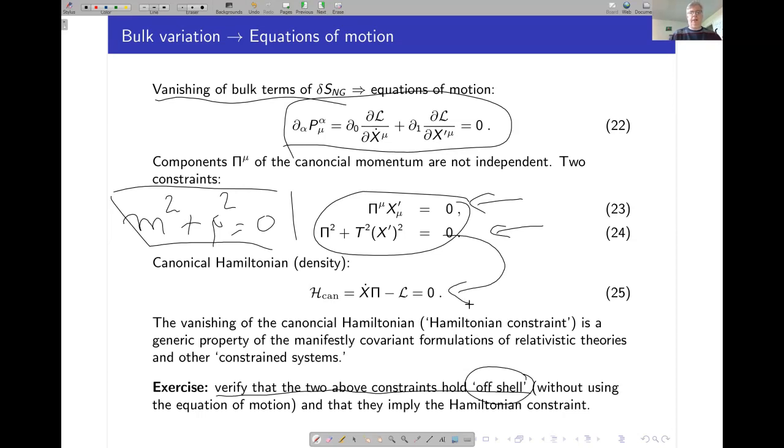In particular, if you compute the canonical Hamiltonian by making a Legendre transform of the Lagrangian, you find that the canonical Hamiltonian is equal to 0. This was the same observation that we made for the relativistic particle, and as I explained, this is to be understood as a constraint, that is a condition which we have to impose on top of the equations of motion. And it's absolutely generic for manifestly covariant formulations of relativistic theories. And we will see how to handle these constraints further down in the course.